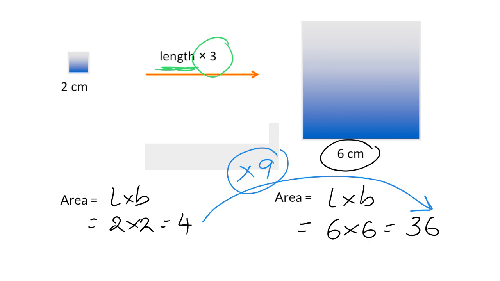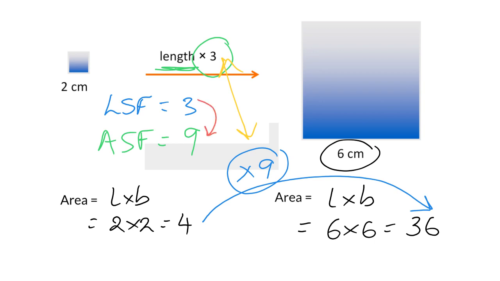What we want to look at is, what's the connection between these two numbers, 3 and 9. So the length scale factor, LSF, say, that was 3. The area scale factor was 9. What happens? What can we recognize about moving from 3 to 9?